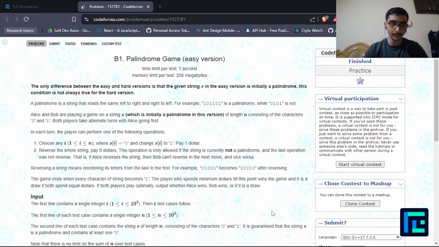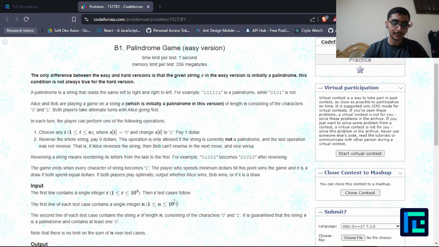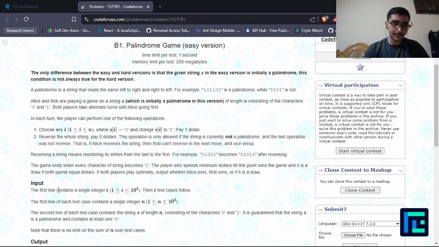Now the input format and the constraints are as follows. The first line of the test file will contain a single integer t denoting the number of test cases, which can range from 1 till 10 power 3. Then for each test case, the first line would contain a single integer n denoting the size of a string, which can also go up to 10 power 3.